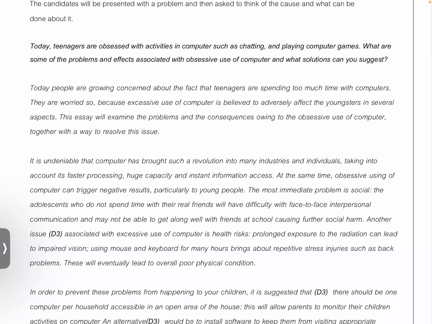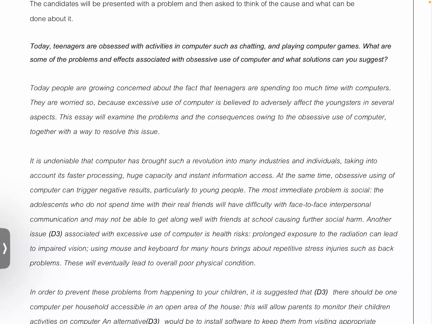And this will eventually lead to overall poor physical condition. So this paragraph tells you all the dark sides of obsession with computers. One half of this statement has already been developed. Now let's move on to the next half.